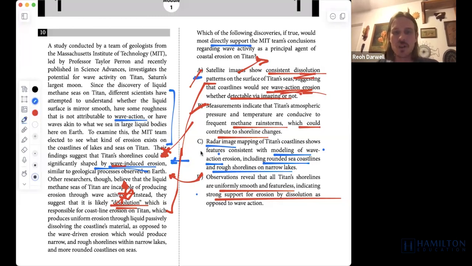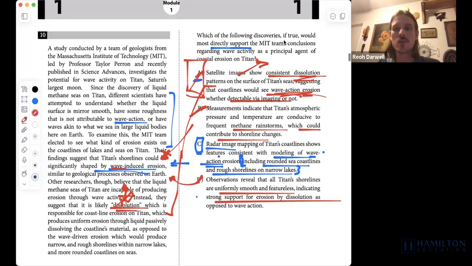Whereas C directly supports it because it says that there's wave action erosion because of particular parameters that are only associated with wave action erosion, as opposed to dissolution, which is the alternate explanation, right? So that is what leads us to C and what allows us to eliminate A, which I think is a really hard and challenging one.